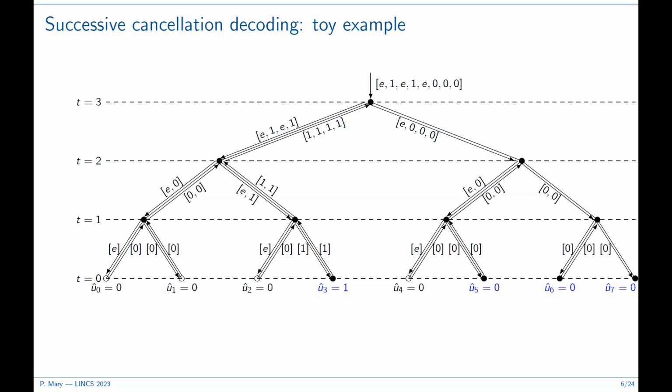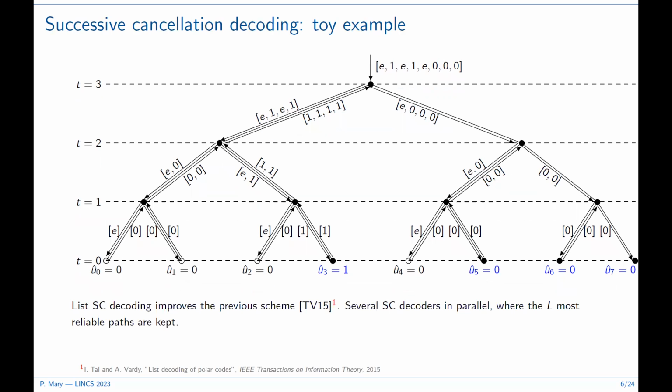However, it performs relatively badly compared to maximum likelihood decoding, which is the optimal one. So in 2015, Tal and Vardy proposed their so-called list decoder. The idea of the list decoder is to let several successive cancellation decoders work in parallel.